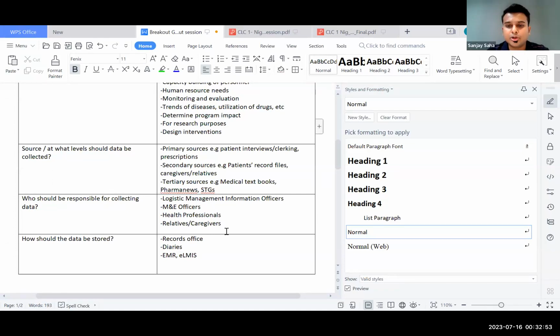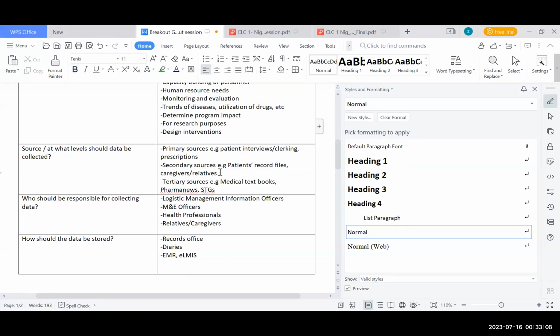You mean supply chain of products? Yeah. So I really don't think what you itemize here aligns with supply chain data in terms of patient interviews, patient records, medical textbooks, pharma news. Those sources cannot give supply chain data. I stand corrected, but it's my view.